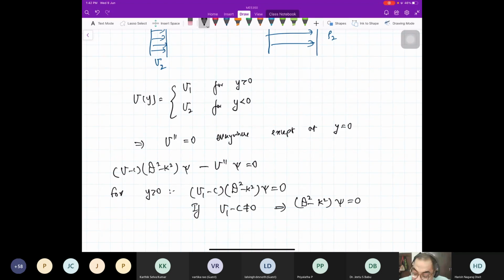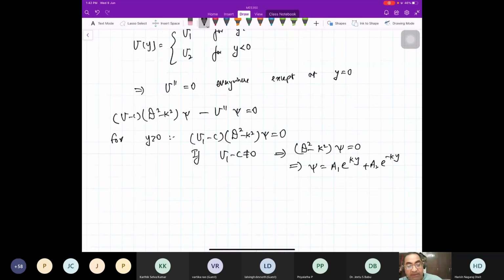And this immediately gives me psi is equal to a1 e power ky plus a2 e power minus ky, because the characteristic equation will be lambda square minus k square is 0 and lambda equals plus or minus k, correct?